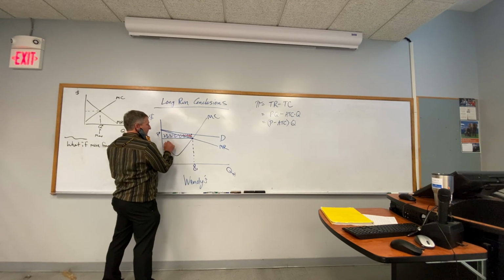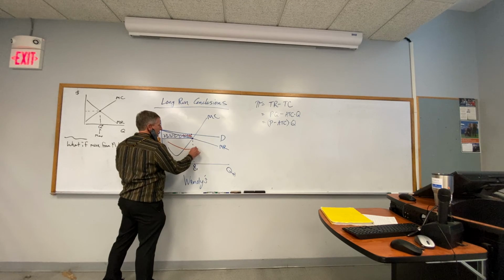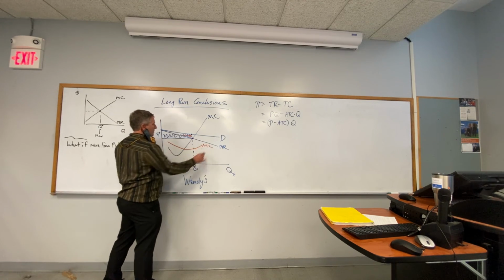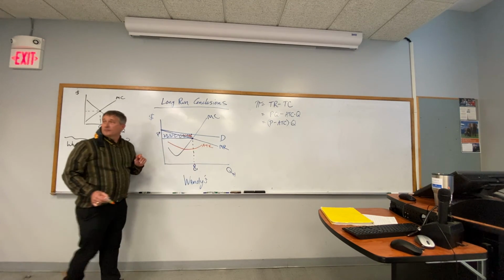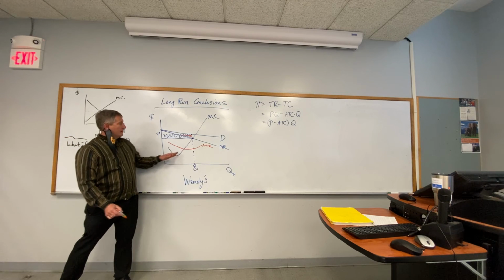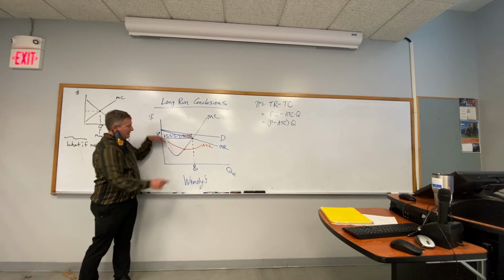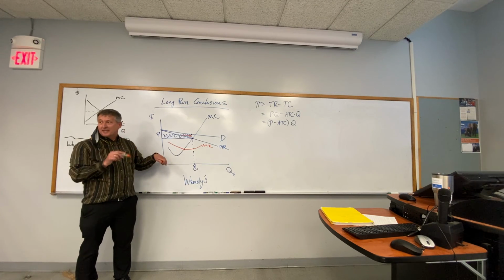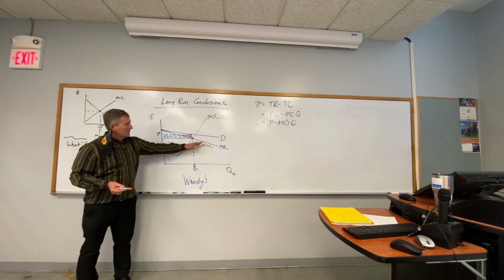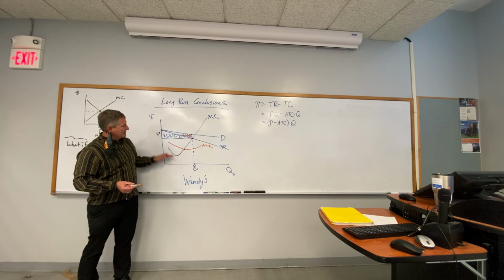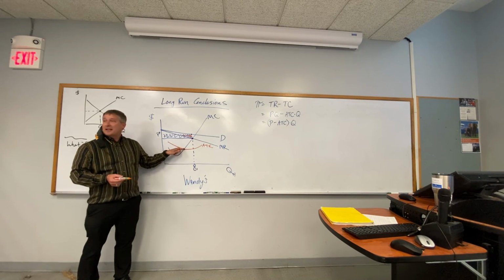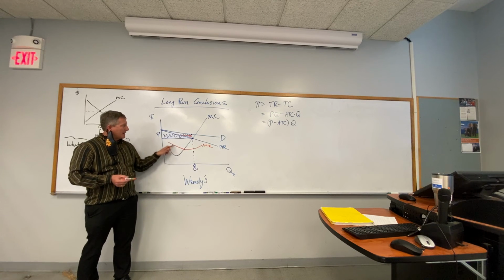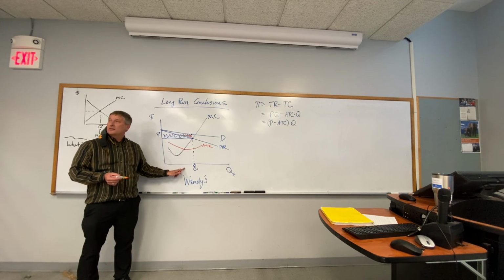Is it possible for average total cost to be here? Yes. Why did I do this part? Because the marginal cost curve, the only rule, and you're going to see this on Monday, the only rule is that the marginal cost cuts through the average cost at that point, and that quantity would be the minimum point of the average total cost.